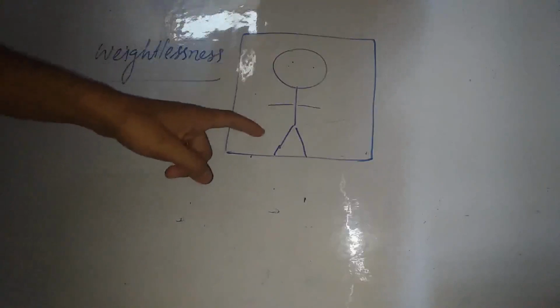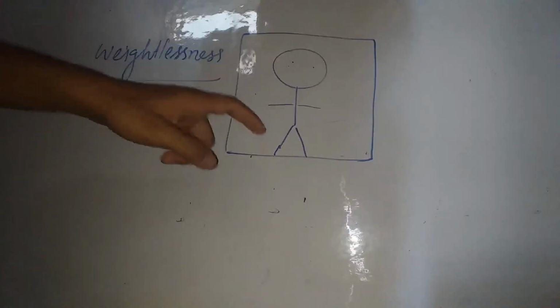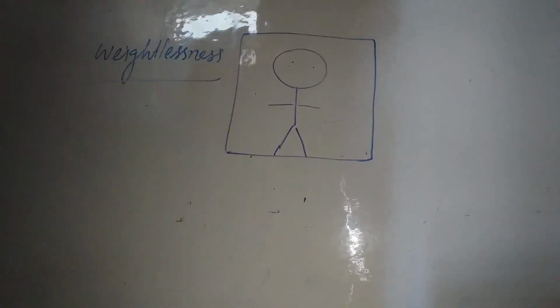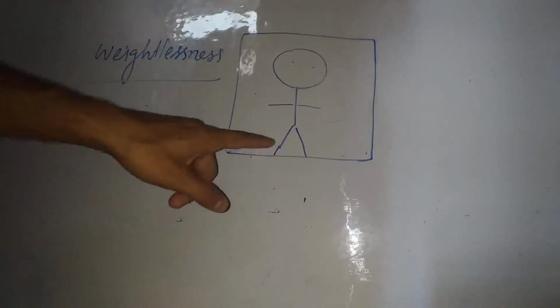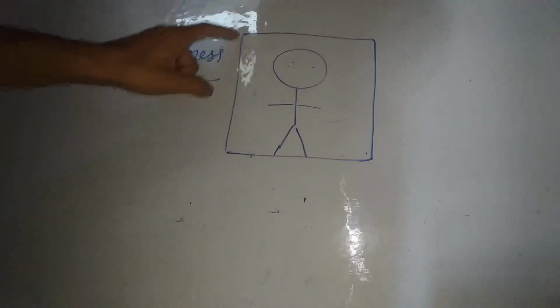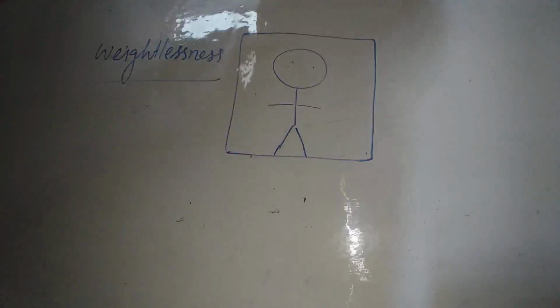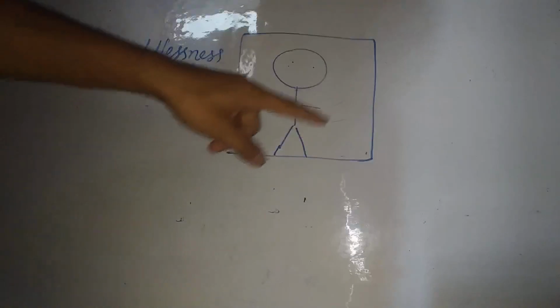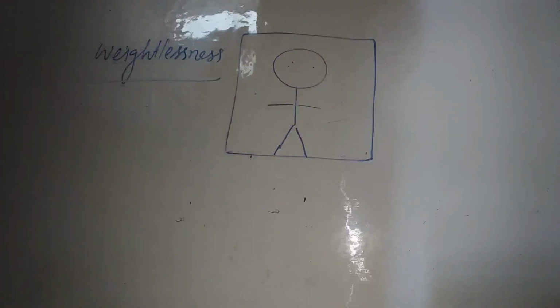Okay, the body will not press the weighing machine with any force, and hence shows zero weight. Thus the body is weightless during the free fall. So if it is a free fall, the weighing machine here will not show any weight, because this lift and this man are falling with the same acceleration. So this person will experience weightlessness.